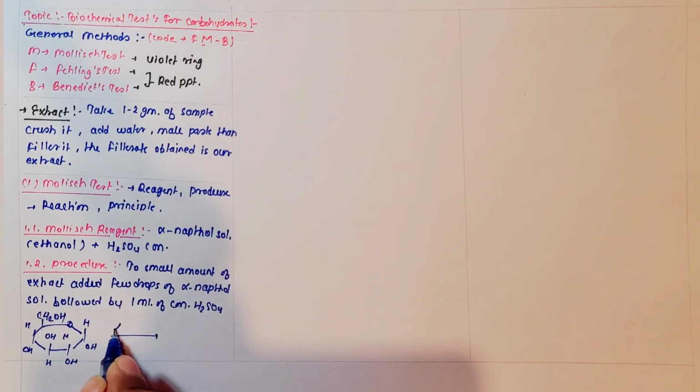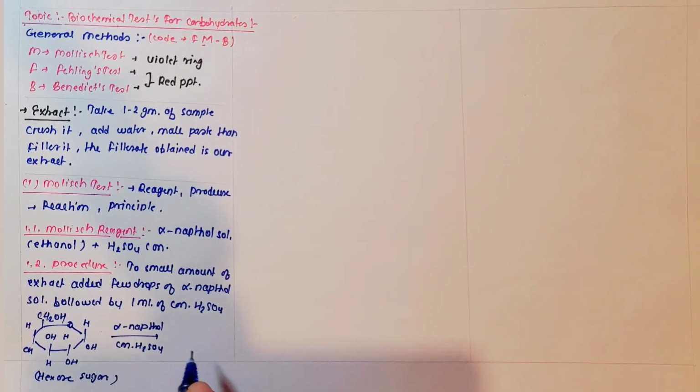What will be happening here? There will be addition of alpha naphthol in ethanol and concentrated H2SO4. The concentrated H2SO4 actually, not decomposition, it will dehydrate this hexose sugar, and when it dehydrates, it then undergoes condensation reaction with alpha naphthol.